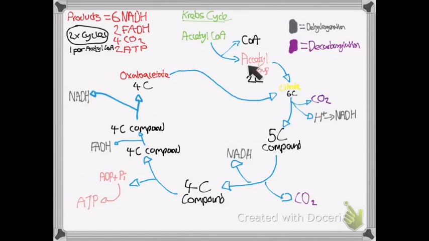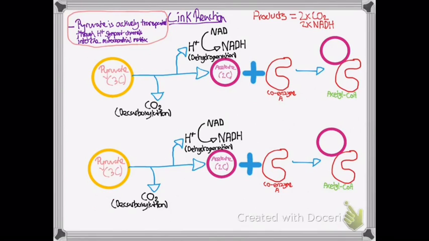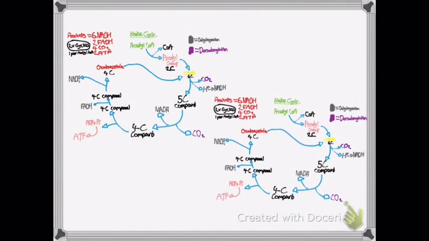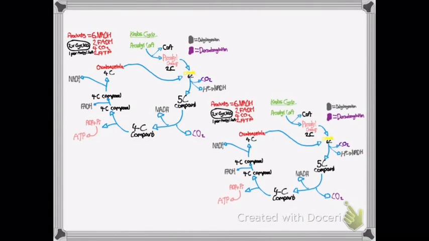Then another acetyl group will come, and the cycle continues round and round, producing all these products. We've done it here for 1 acetyl-CoA. Remember, we produced 2 acetyl-CoAs in our last reaction, so this cycle happens twice. The whole thing happens 2 times.